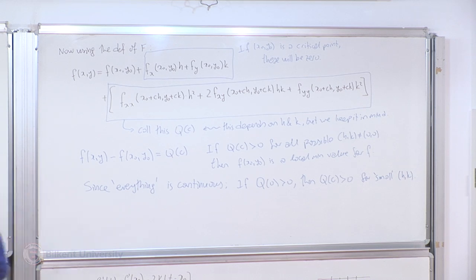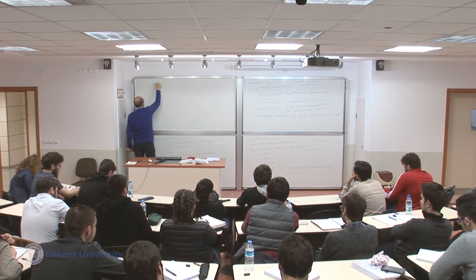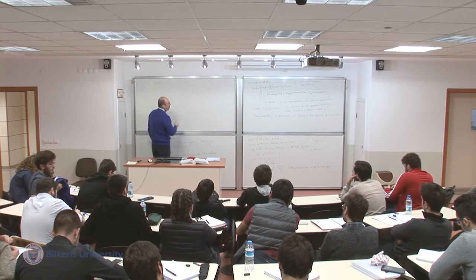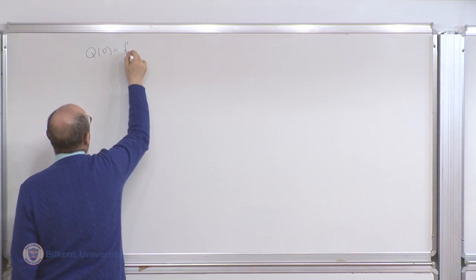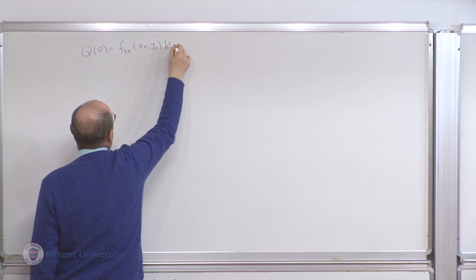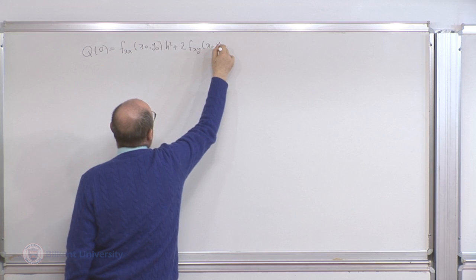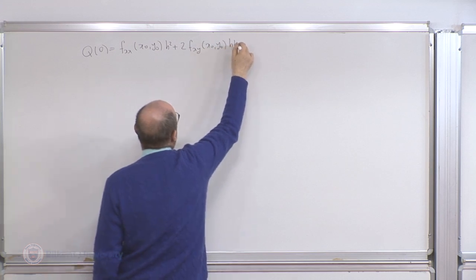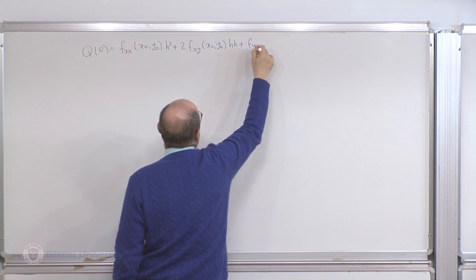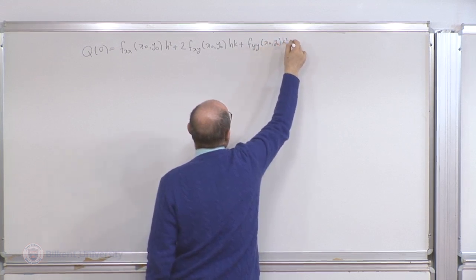Okay, so let me write that now. Let me erase this one. So here Q0 is the following. Q0 is fxx at x sub 0, y sub 0, h squared plus 2 fxy x sub 0, y sub 0, hk plus fyy x sub 0, y sub 0, k squared.